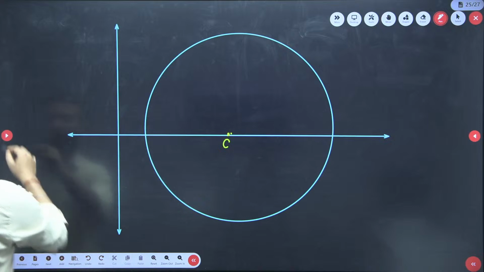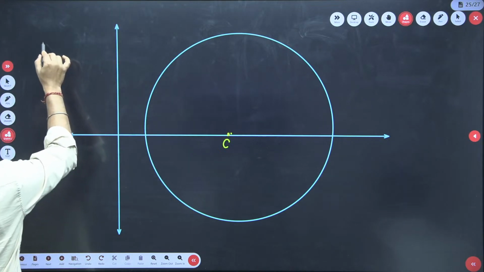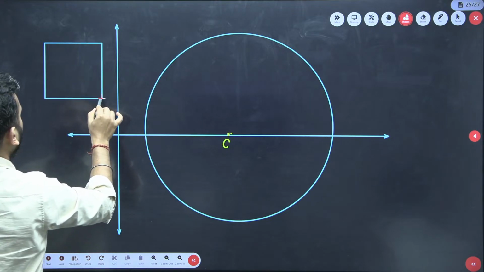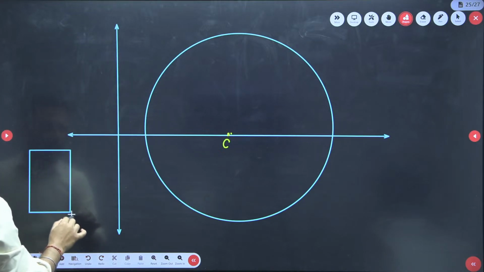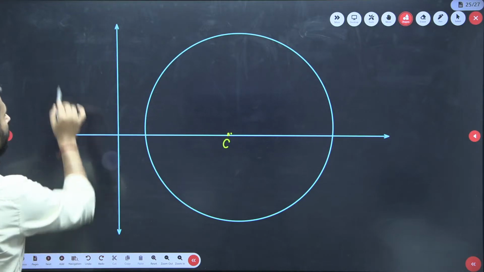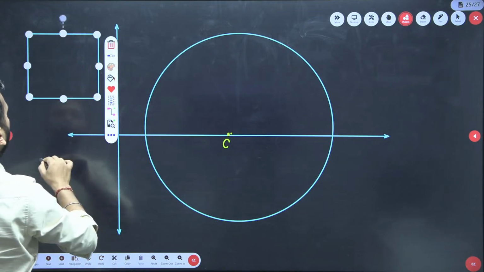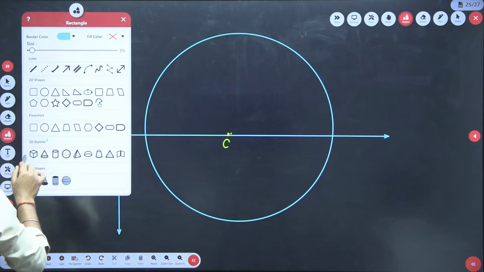One more thing we should not forget, that we are keeping this figure as our reference.